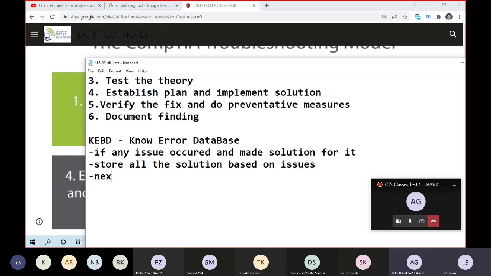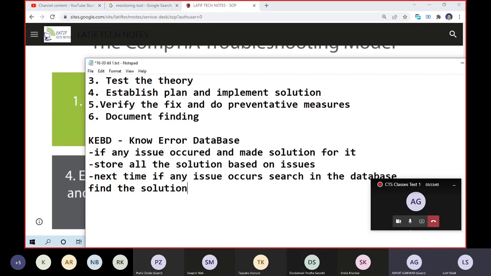Next time, if any issue occurs, search in the database, find the solution and give the solution and follow the solution.